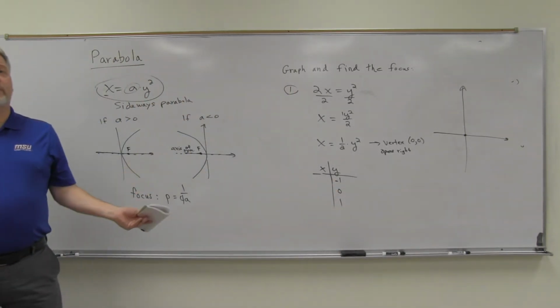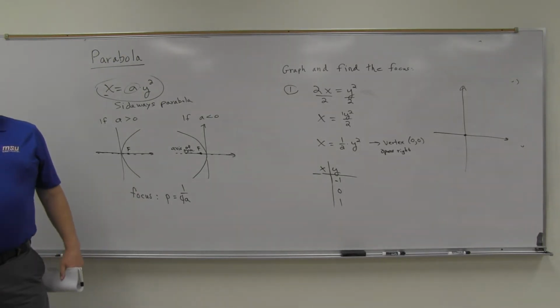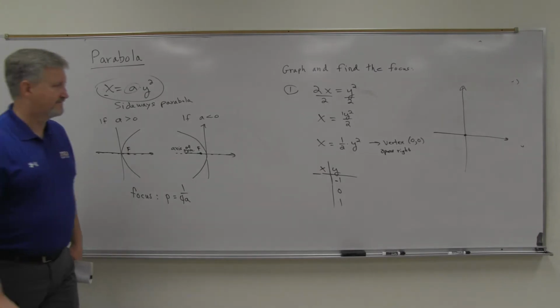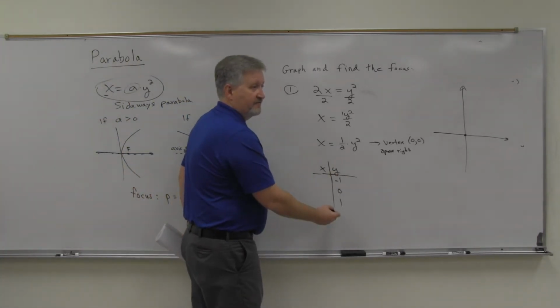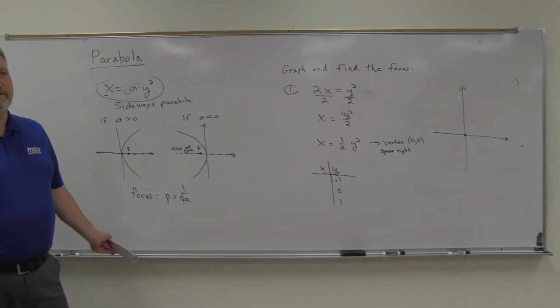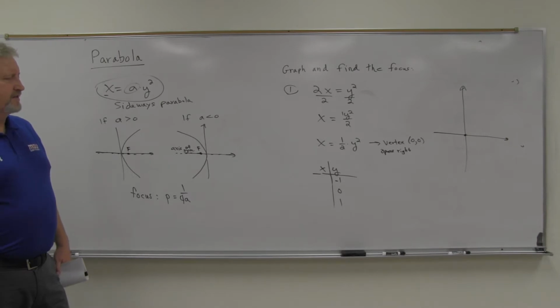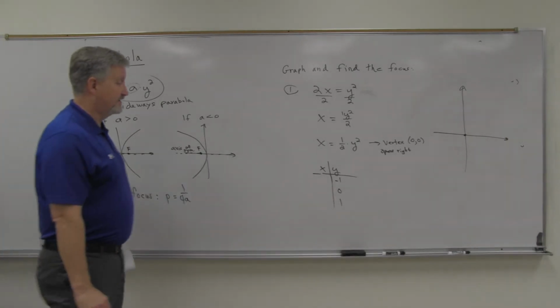But since I know it's a sideways parabola and the vertex is 0, 0, this is going to give me basically all I need. So I'm going to pick the y values instead of the x values. We haven't done that before, I don't believe, other than finding the y and x intercepts. So in our table, we're going to do the y values -1, 0, and +1.